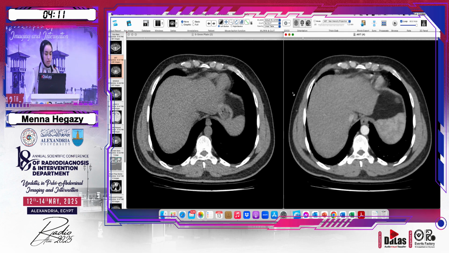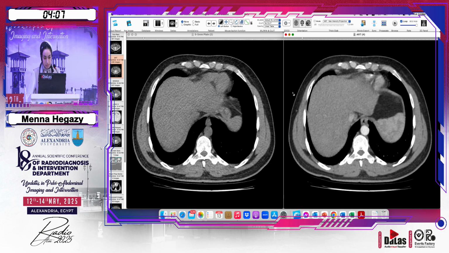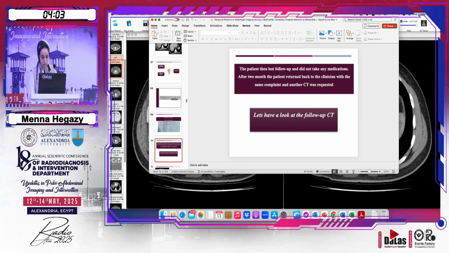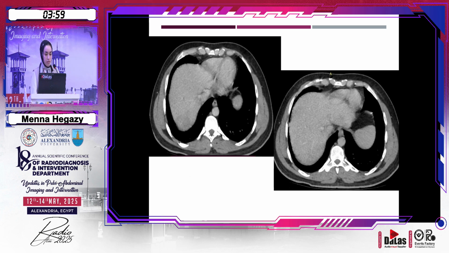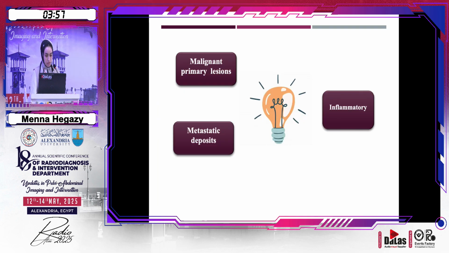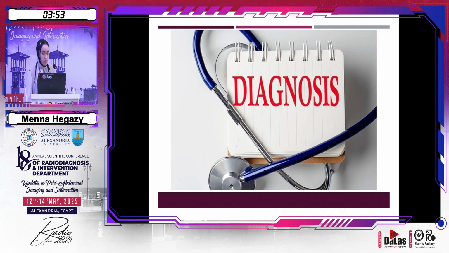Surprisingly, you can see that the focal hepatic lesions have regressed in size and number. And this is the follow-up, and this was the first one. So what do you think the diagnosis?